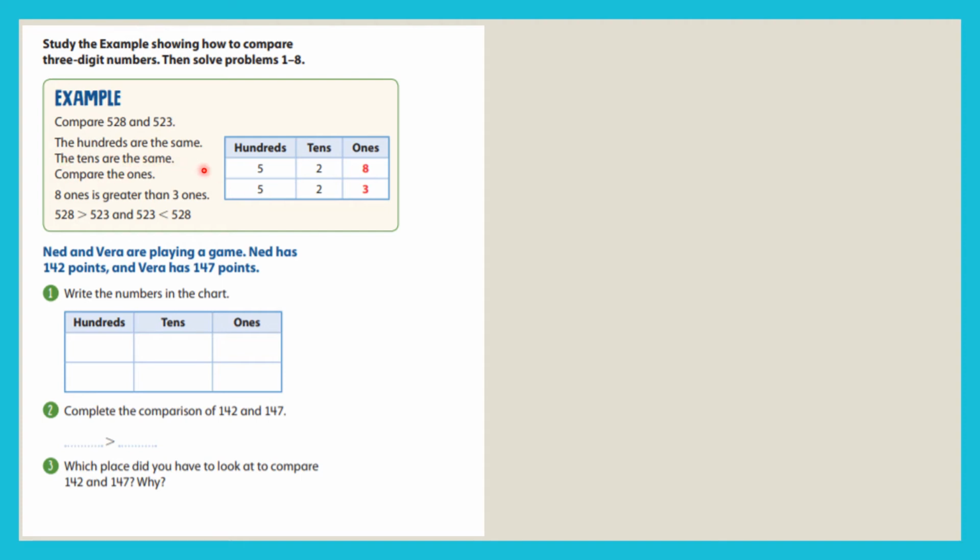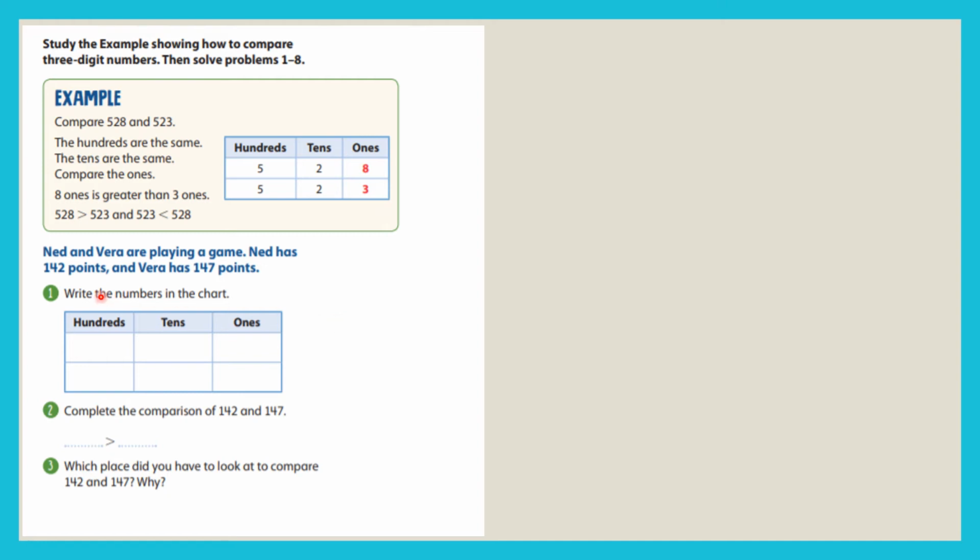The hundreds are the same, the tens are the same, compare the ones. 8 ones is greater than 3 ones, so 528 is more than 523, and 523 is less than 528.